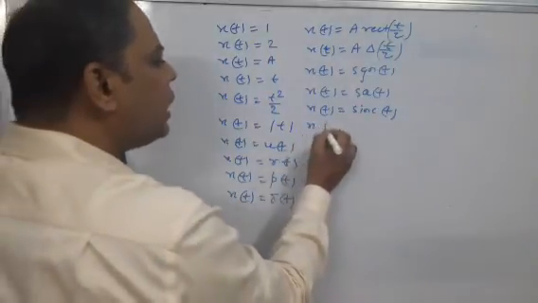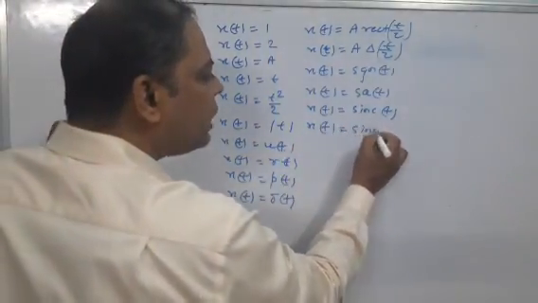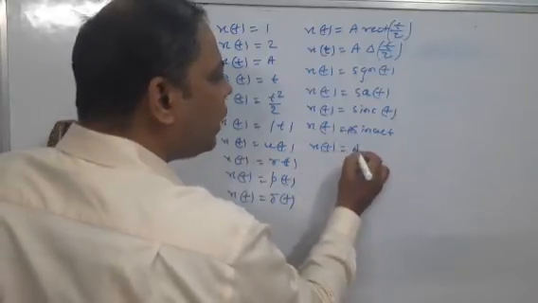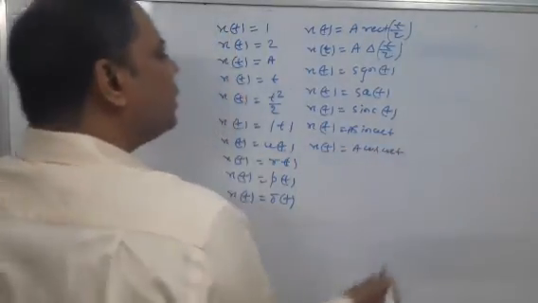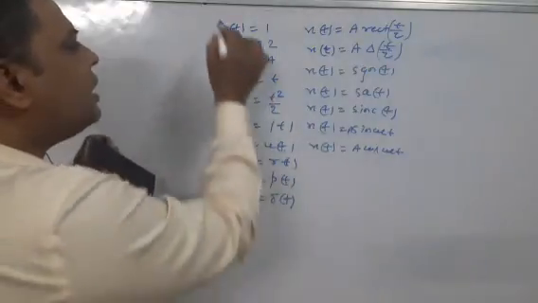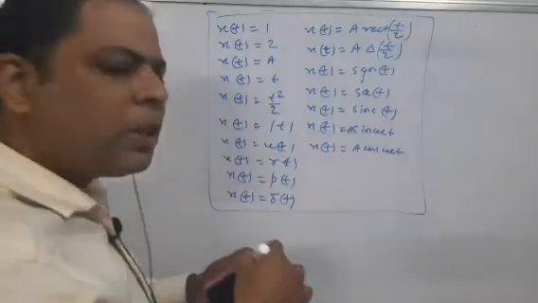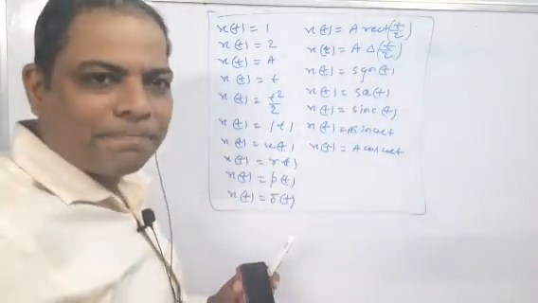Okay. x(t) is equal to sin(omega t), or A sin(omega t), whatever. x(t) is equal to A cos(omega t). So these plots, these are just the basic plots. These basic plots you must remember.